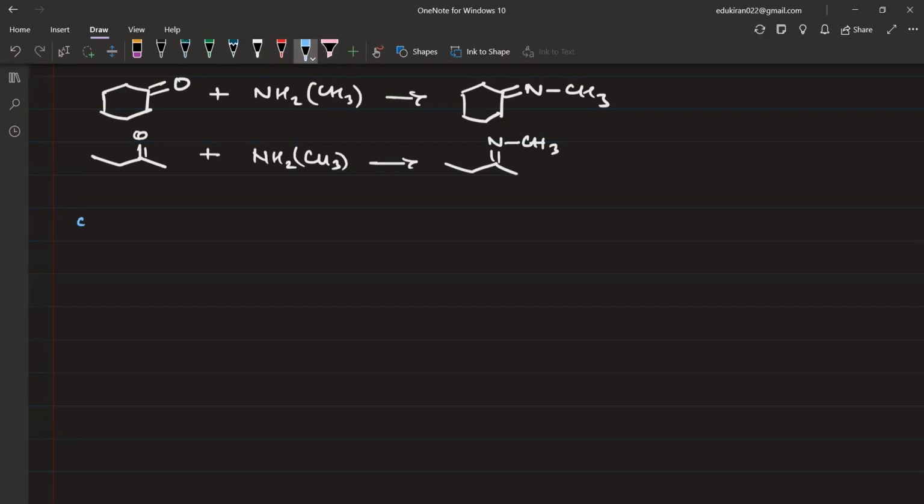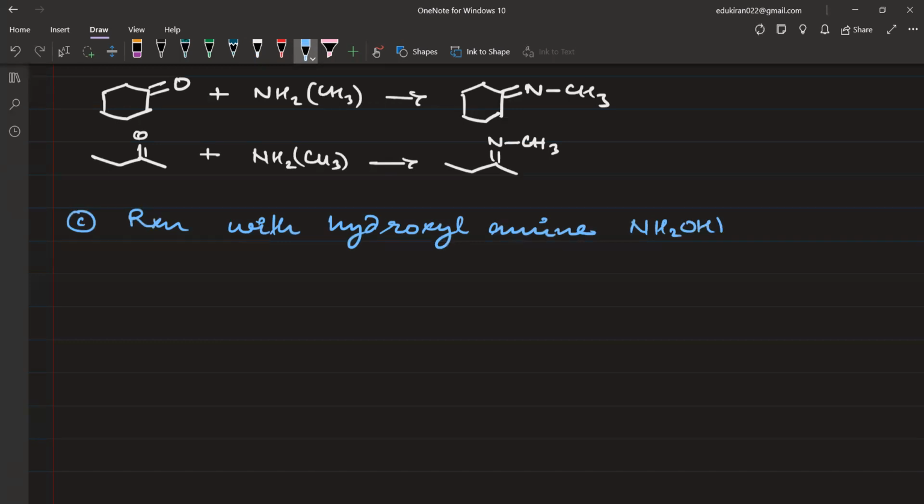Third, C. Reaction with hydroxylamine, NH2OH. Right, it forms oximes.